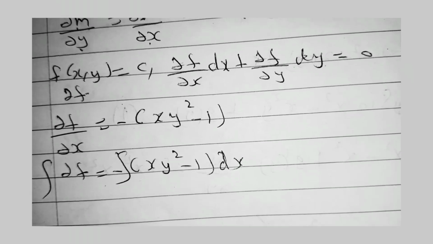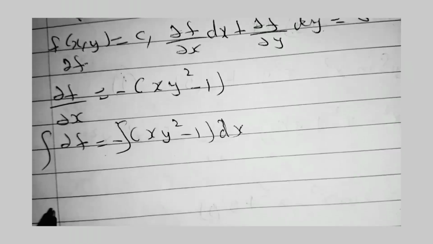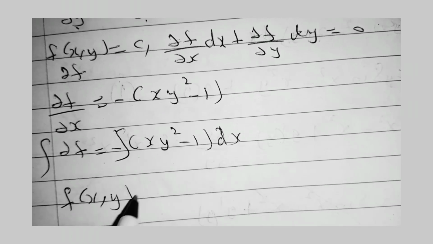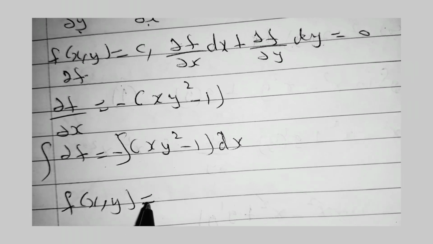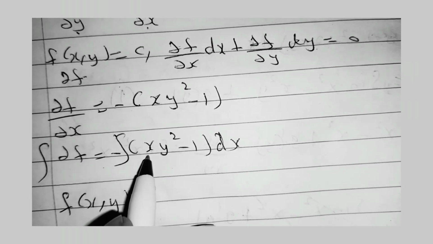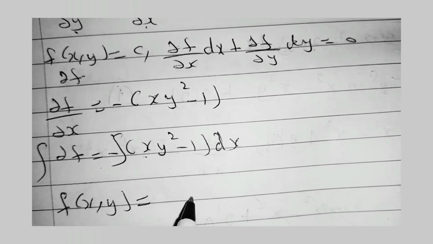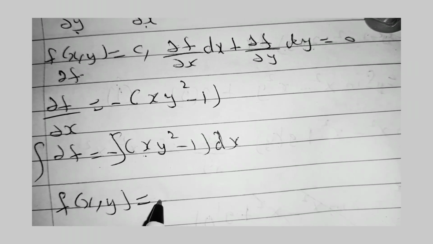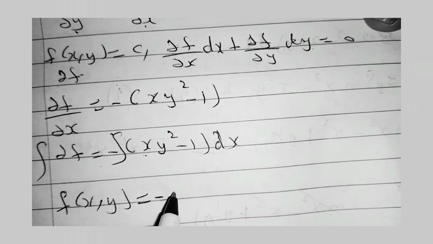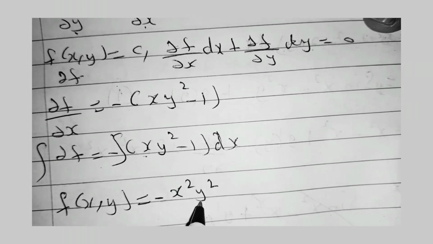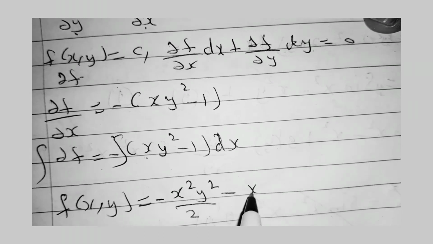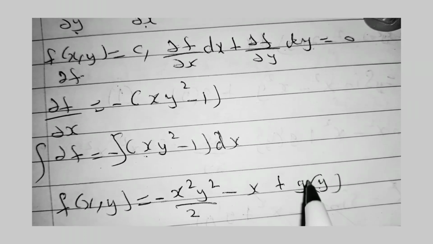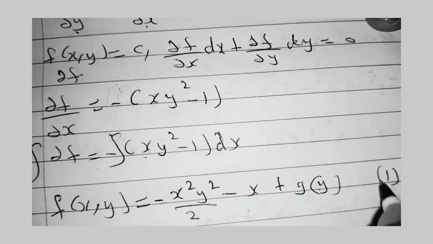The result will be a function f of x, y, which is equal to, we integrate this equation here with respect to x. So here we are going to get negative x squared y squared over 2 minus x plus a function which is a function of y. You can call this equation 1.